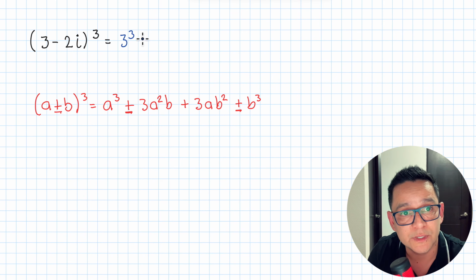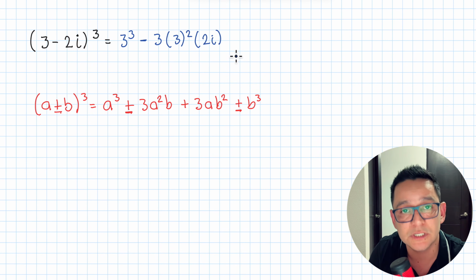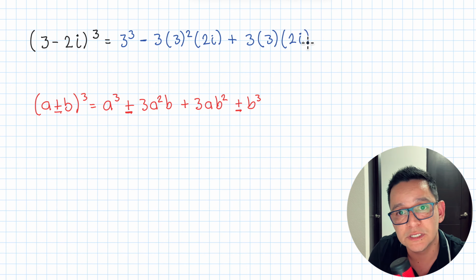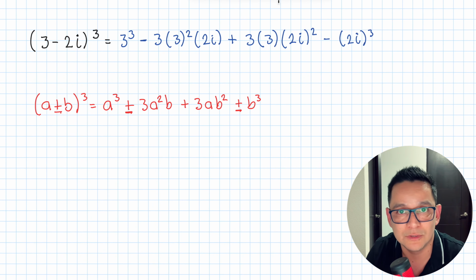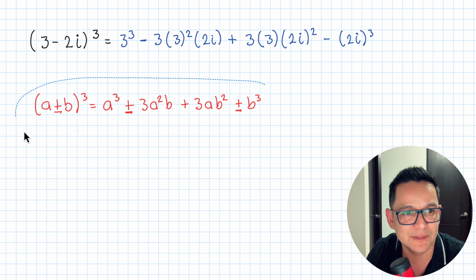Then it would be minus 3 times a squared times b, so 3 times 3 squared times 2. Then plus 3 times a times b squared, so 3 times 3 times 2 squared. Then minus b cubed, so (2i) raised to the third power. That's what we have to do.